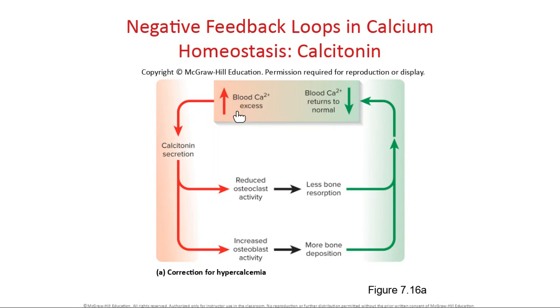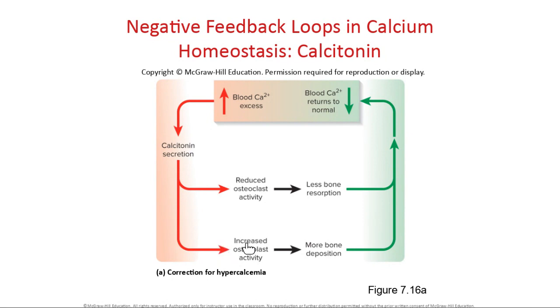So if we look over here to the left, this is the beginning of the situation. We have too much calcium in the blood. This is going to result in calcitonin secretion from the thyroid gland. This is going to have two effects. We're going to have a reduction in osteoclast activity, which leads to a decrease in bone resorption.